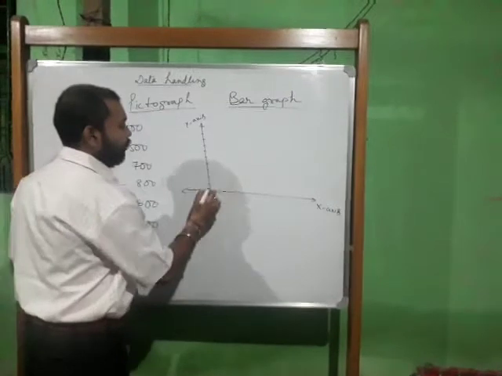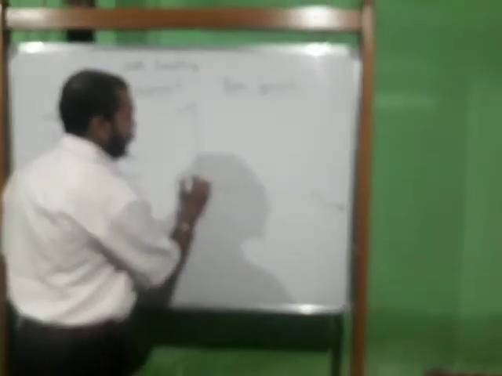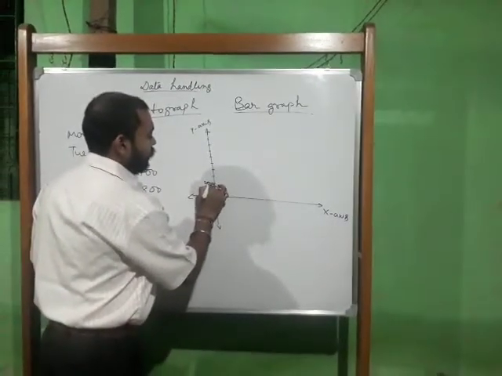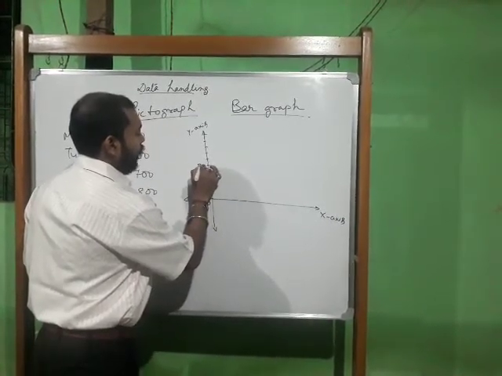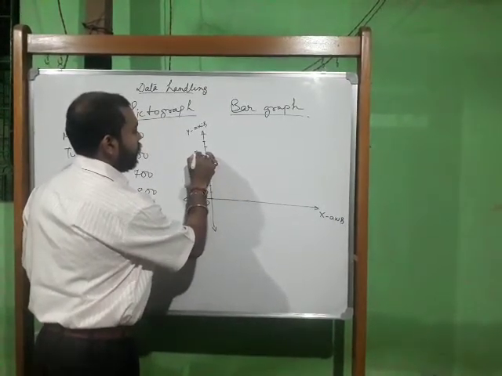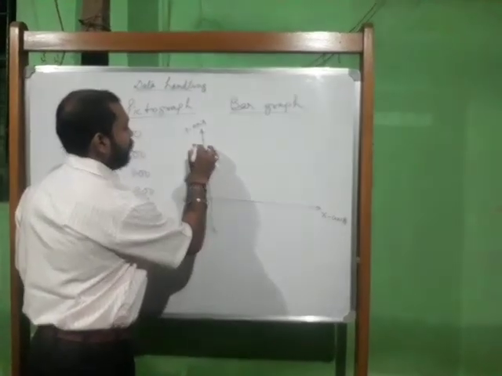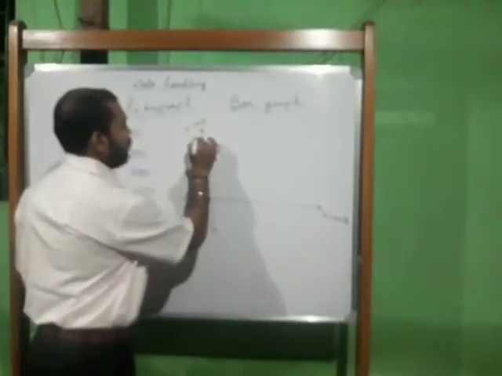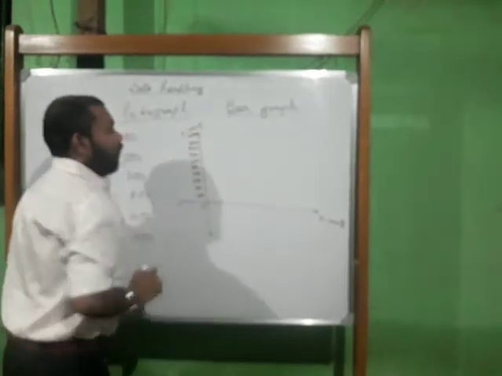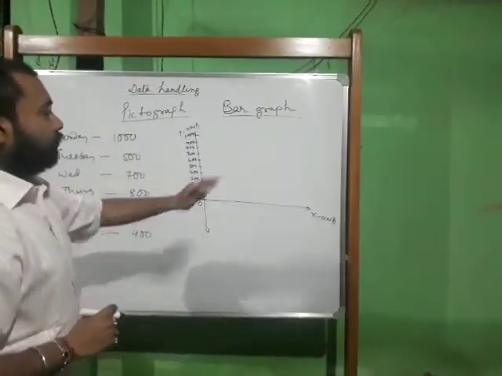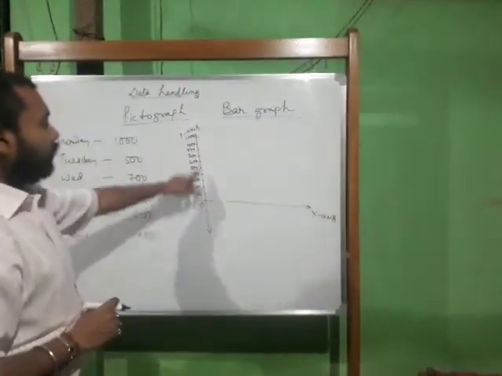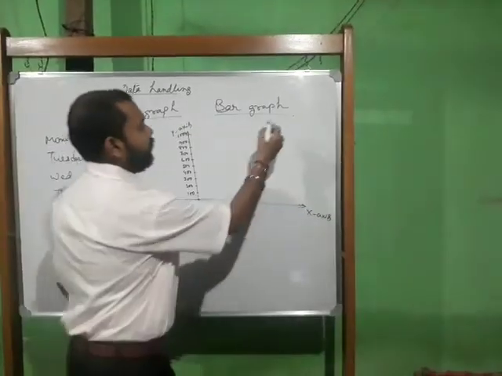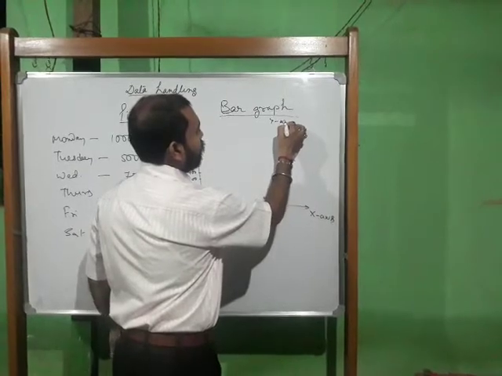So now this is 0. Let me take this as 100, then 200, 300, 400, 500, 600, 700, 800, this is 900, and this is 1000. Now one thing we have to mention: this is the y axis, so you write here y axis.